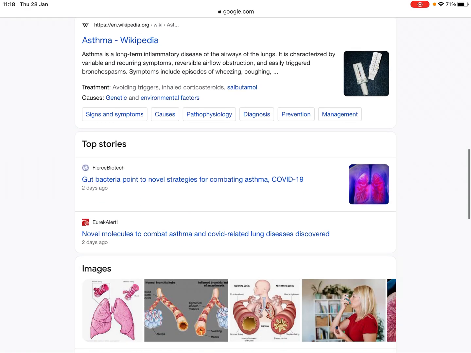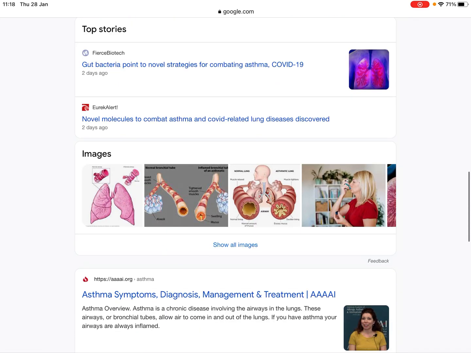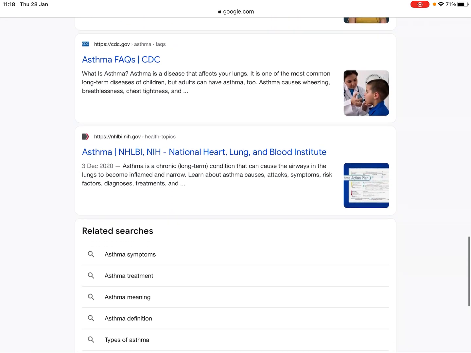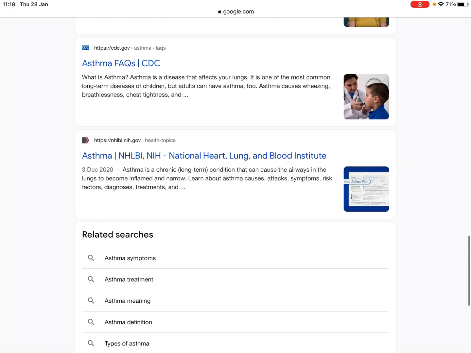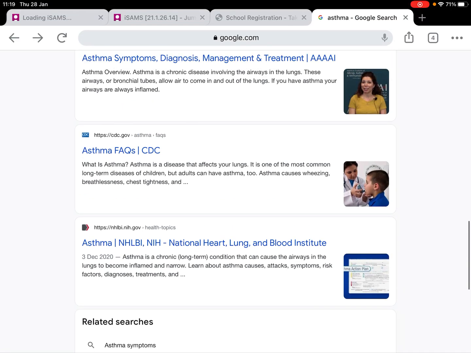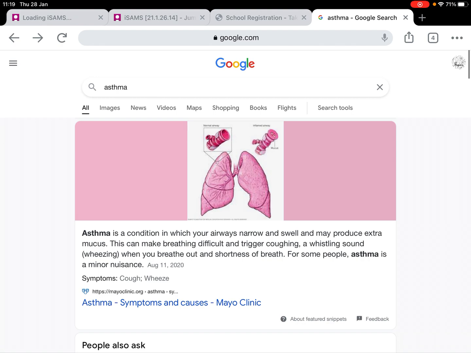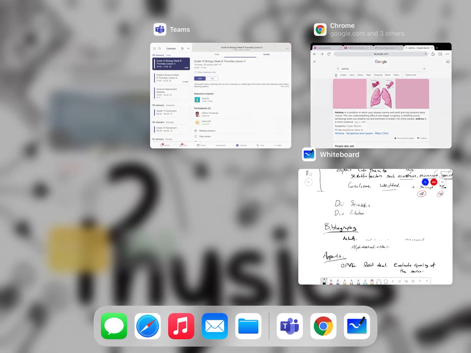But Wikipedia, obviously, potentially not the best source. Things like this bottom one, it looks like it's some kind of hospital explaining it. And then you've got the CDC, the American something about diseases council. Can't remember what it is.